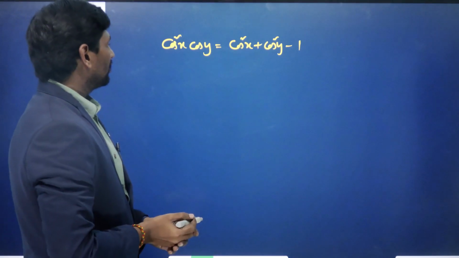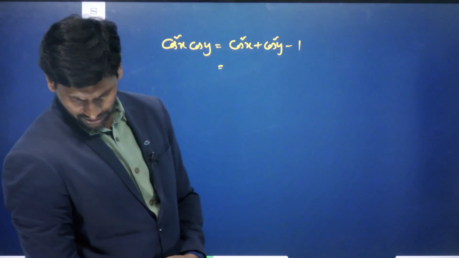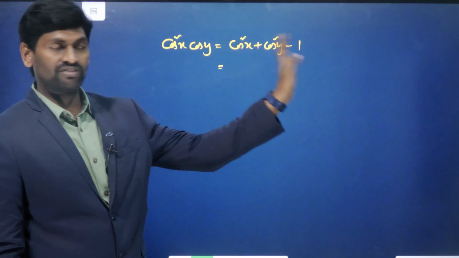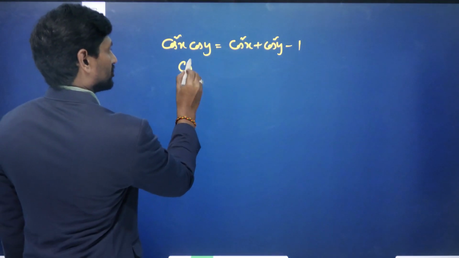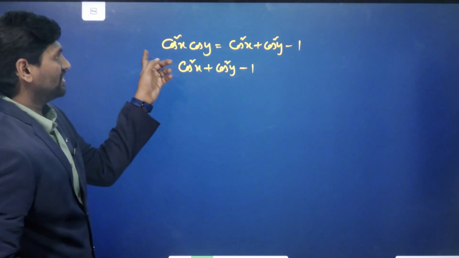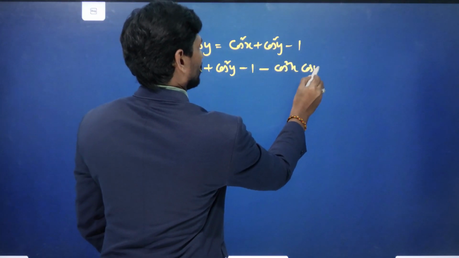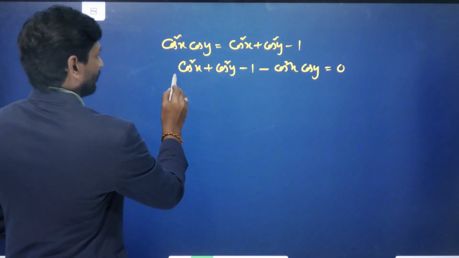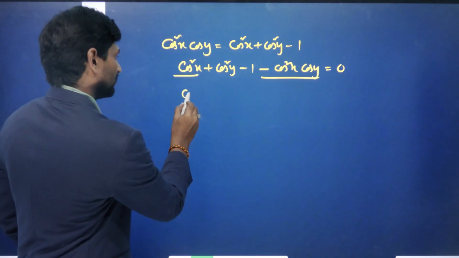Now we should get the cos square x value. So I am just transposing everything to the right hand side, then it will be cos square x plus cos square y minus 1. This entire term transposed to that side, minus cos square x cos y is equals to 0. Now from the first term and the last term I am going to take cos square x common.